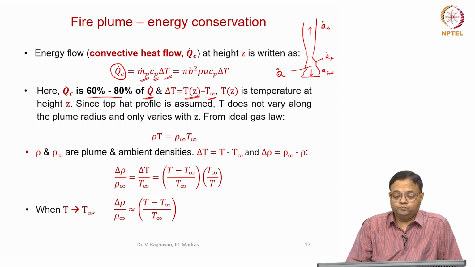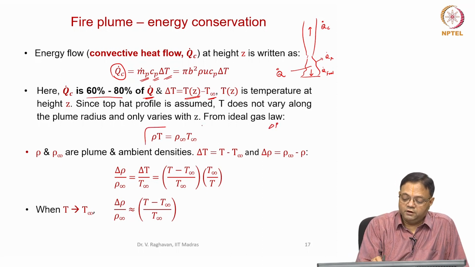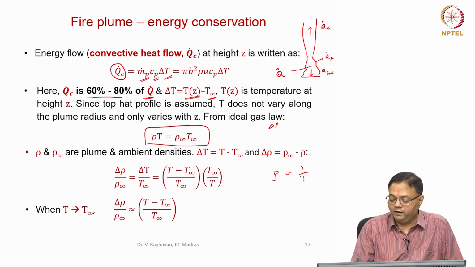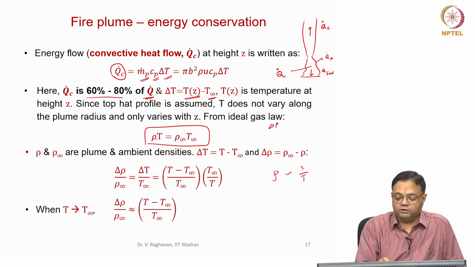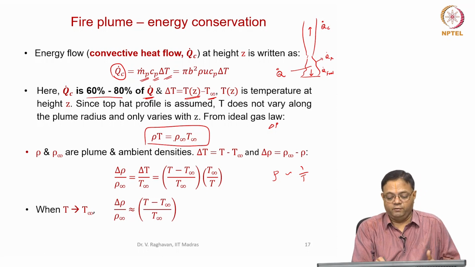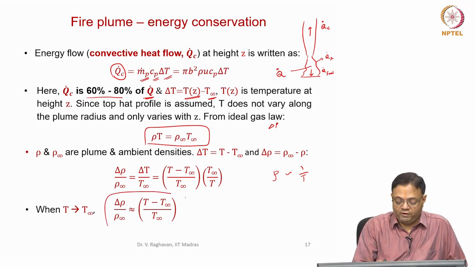Now, in order to write the density difference in terms of temperature difference, the ideal gas law is used. Rho T remains constant because rho goes as 1 by T. So rho T in the plume region will be equal to rho infinity T infinity. Using that, we have simplified.